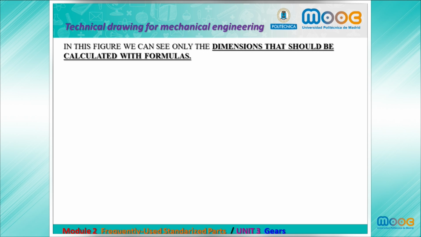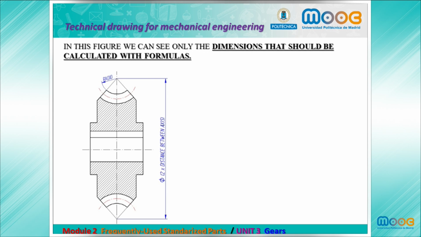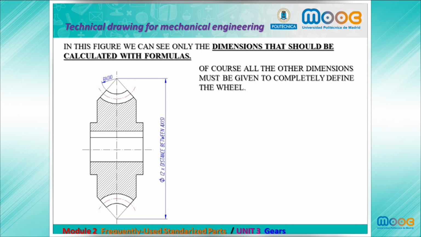In this figure, we can see the dimensions that should be calculated with the formulas. Of course, all other dimensions must be given to completely define the wheel. A worm is dimensioned like a helical gear. Once again, you will have these formulas available in the information in our module.